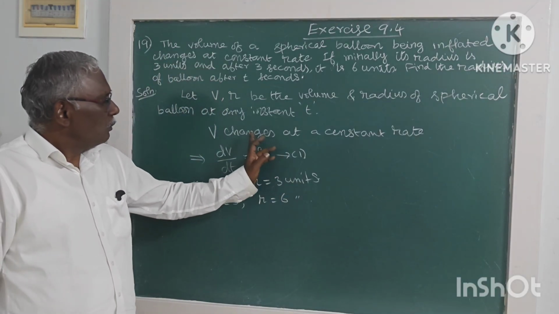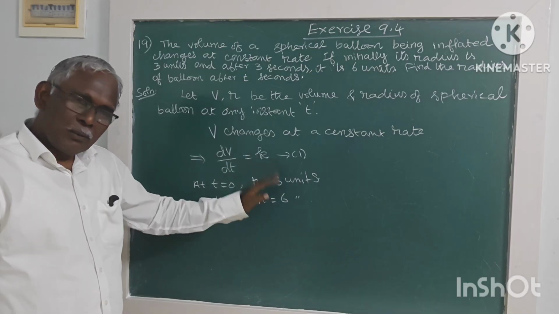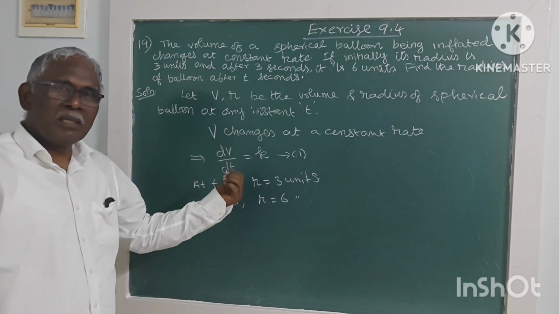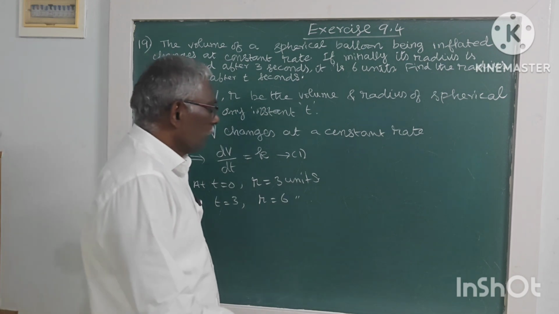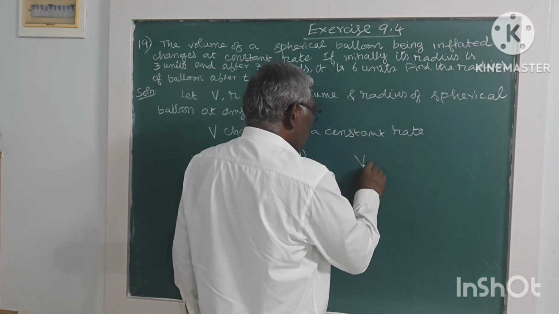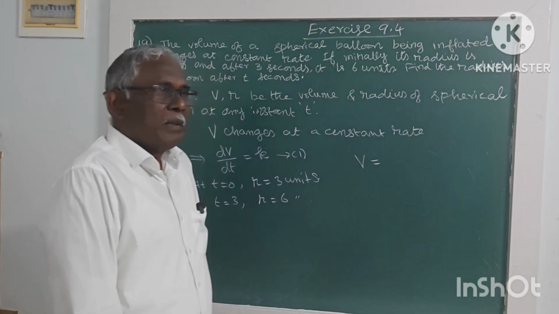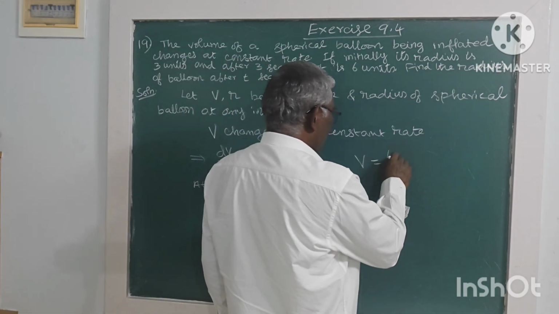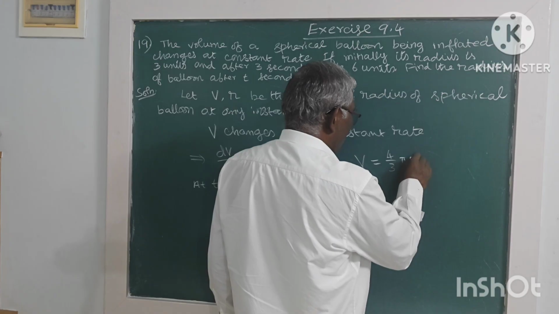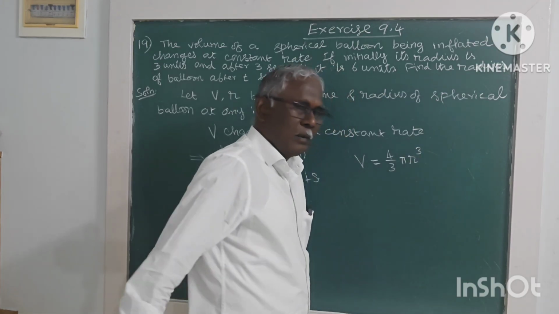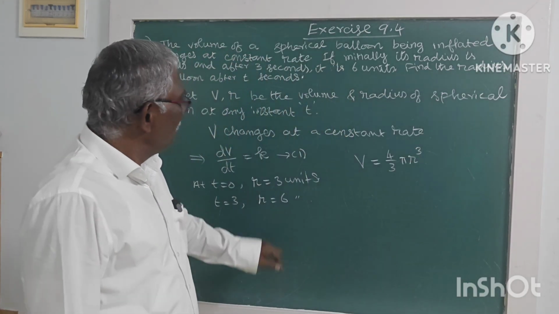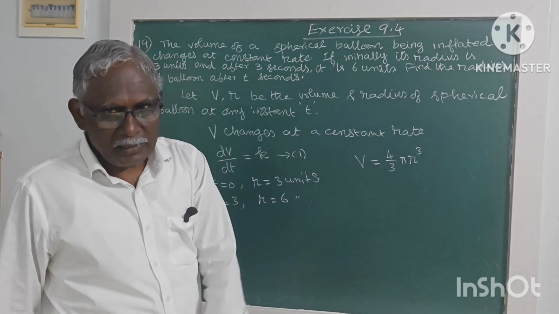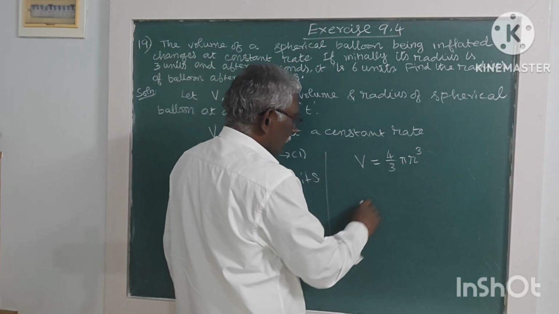Here, when volume changes, the radius also changes. So we should get some relation between volume and the radius of the spherical balloon. We know that the volume of a sphere is 4 by 3 pi r cube. dV by dt is constant, so we will differentiate with respect to time.